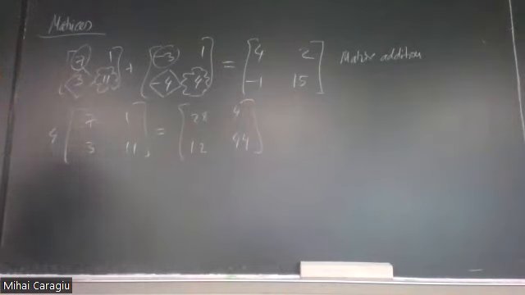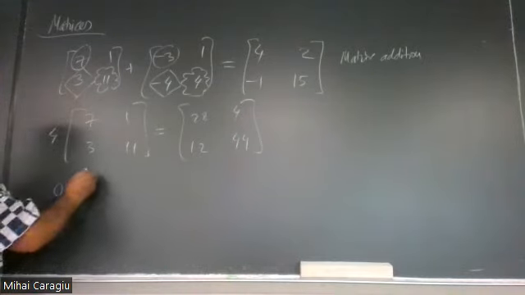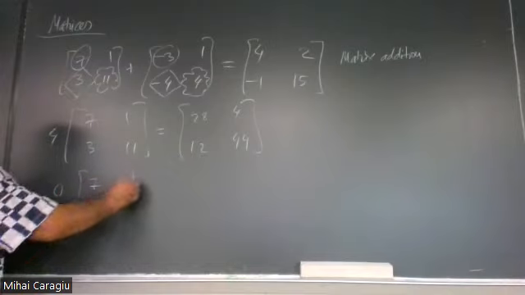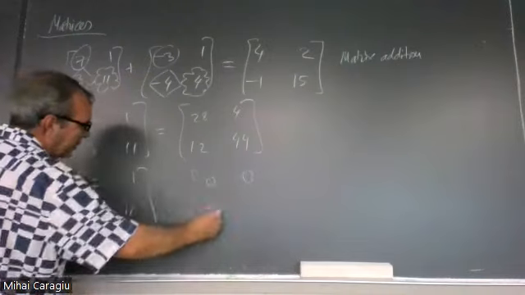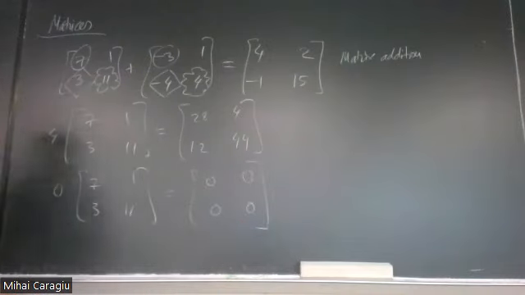This is how we multiply. What if we multiply a matrix by 0? Then we have only 0 entries. 0 times the matrix 7, 1, 3, 11 is called the null matrix. That's the easy part. The non-easy part is matrix multiplication.